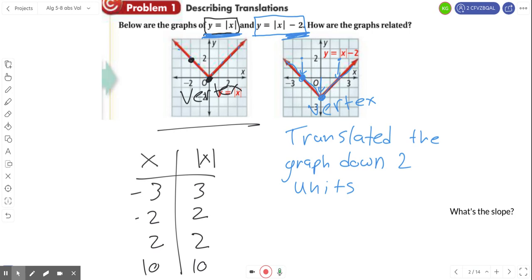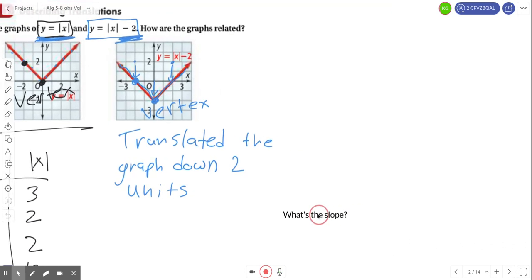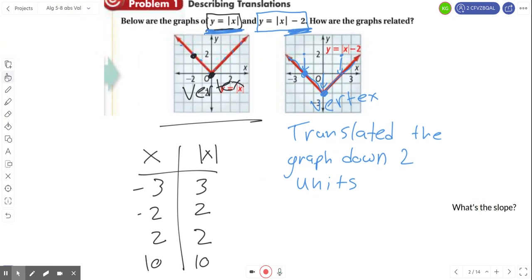An interesting thing to notice is, what is the slope? Well, this happens to be what we would call a piecewise function, because on the left side you have a slope, m equals -1.